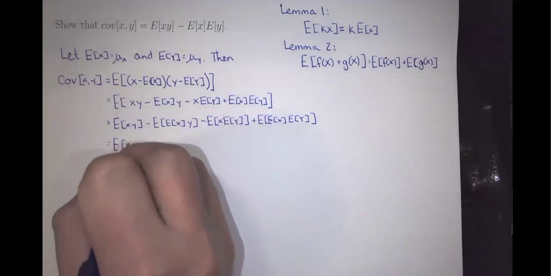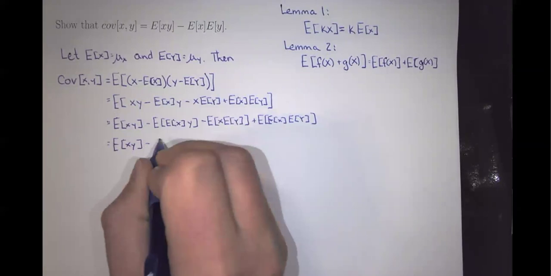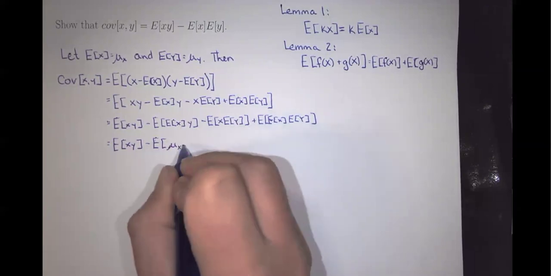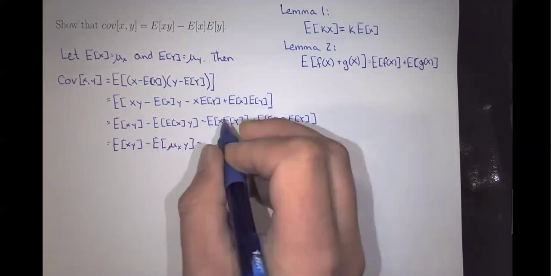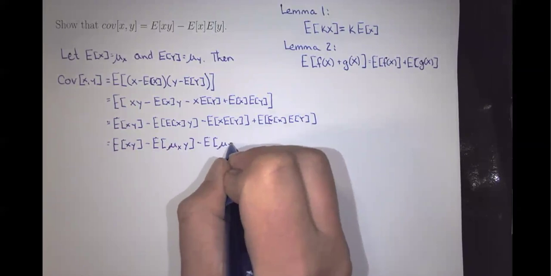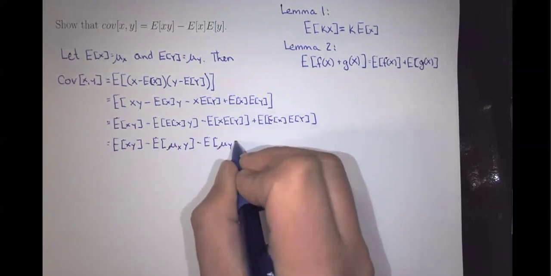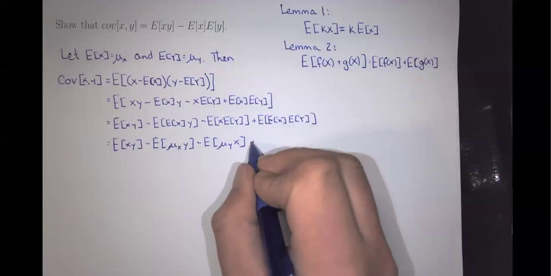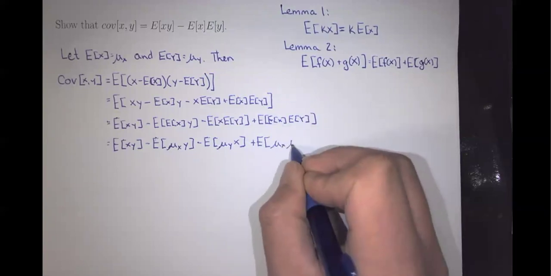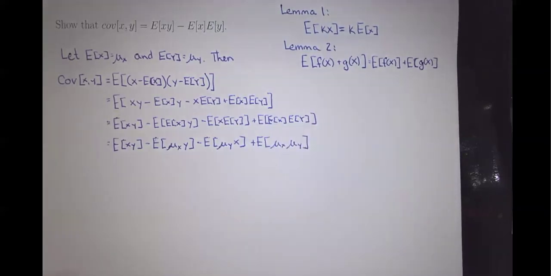So we've got the expected value of xy minus the expected value of mu x times y minus the expected value of mu y times x plus the expected value of mu x mu y. But of course, because those are constants, we can bring them out front of our expected values.